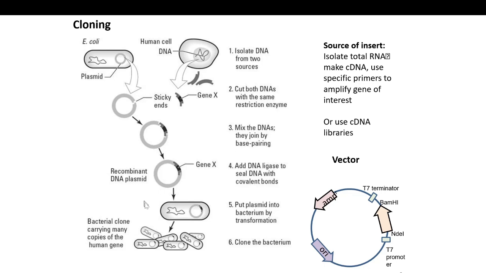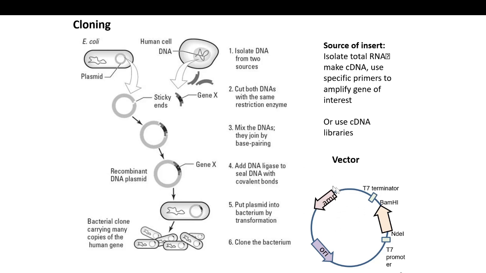we transform it into E. coli bacteria, and we grow this bacteria in the selectable antibiotic, the one for which the resistance gene is present in the vector.